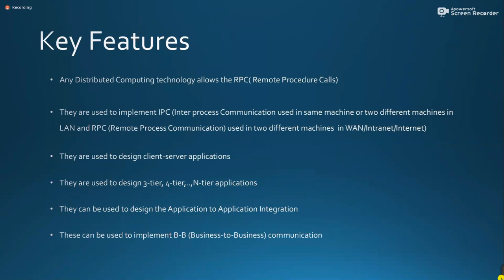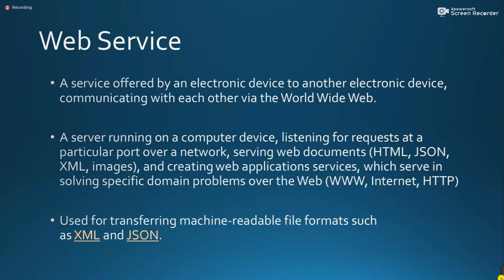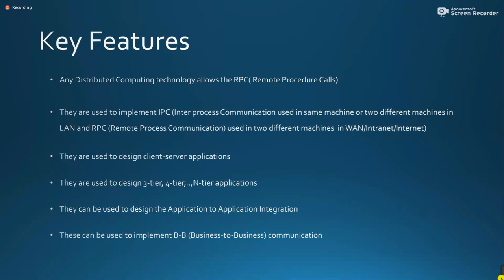It is used for inter-process communication, and to design client and server applications, such as 3-tier, 4-tier or entire applications. It can be used for application to application integration and communication, and to implement business to business communication. A lot of things are there. These are the key features of distributed computing.